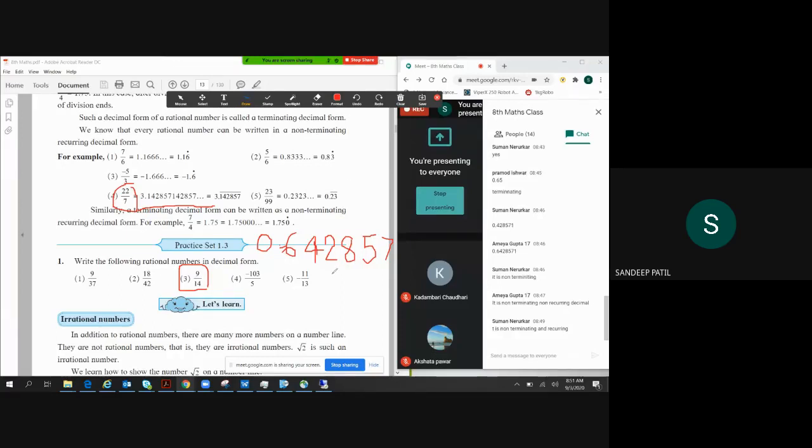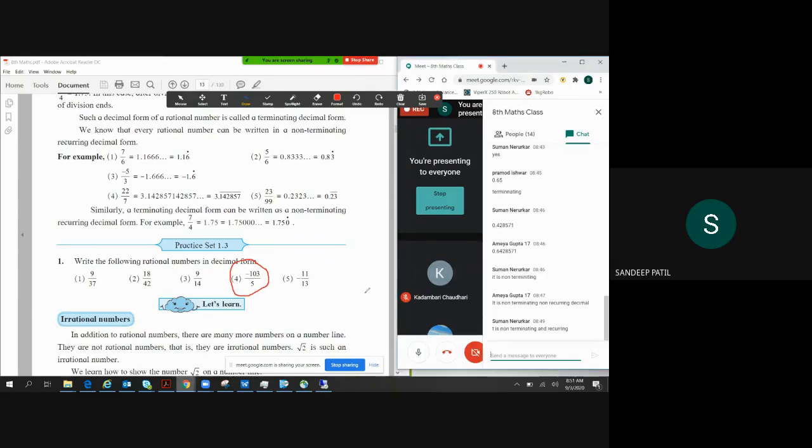Let's do another problem so that it will be more clear. So let's go for minus 103 divided by 5, and please write in the chat box the decimal format of this rational number, plus whether it is terminating or non-terminating.